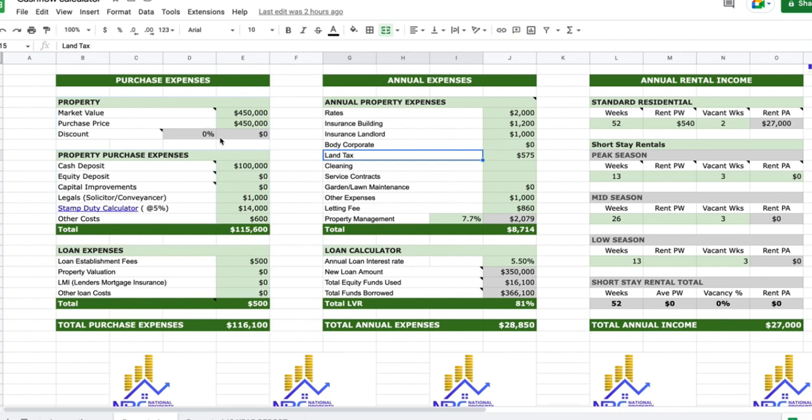So in this example, we have bought the property for $450K, and out of that $450K, we have given $100K from our deposit, and we have some other expenses as well.